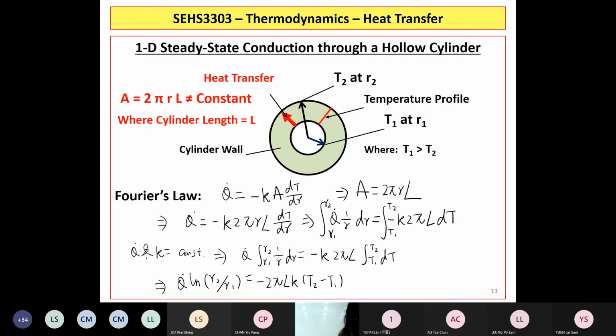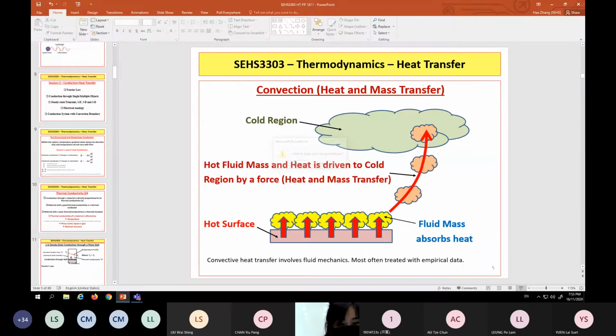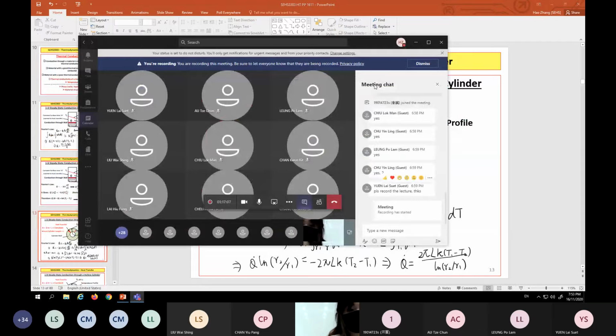So if we rearrange this, we can get the conduction heat transfer through this circular pipe. That should be, right. Up to this point, any problems?